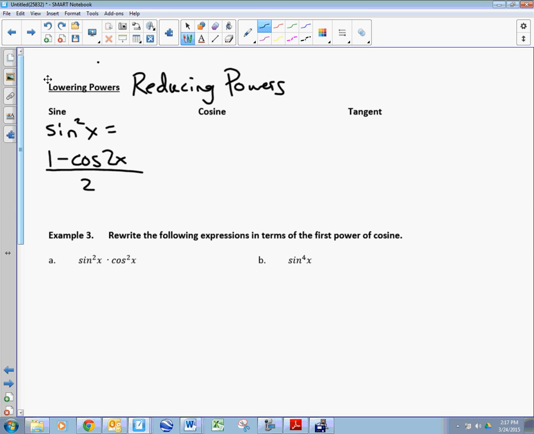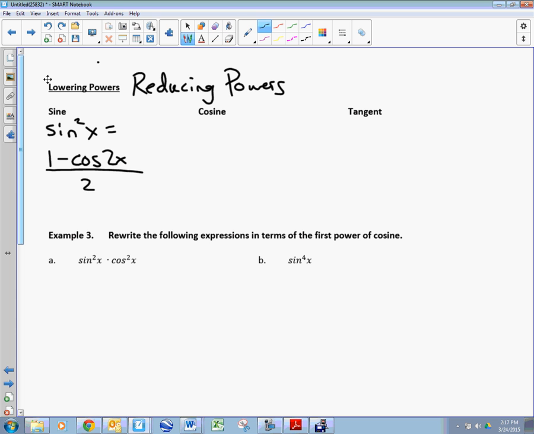You could take sine squared and rewrite it as 1 minus the cosine of 2x over 2. Why is this useful? It's generally useful in calculus. I cannot find the antiderivative of sine squared very well, but I can find the antiderivative of 1 minus cosine of 2x over 2. So it may not make sense to you what that means right now, but that's a big reason why we do this.